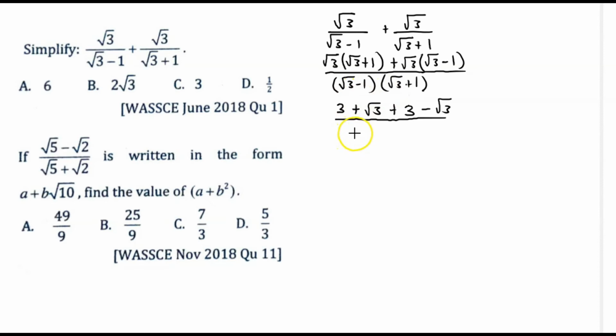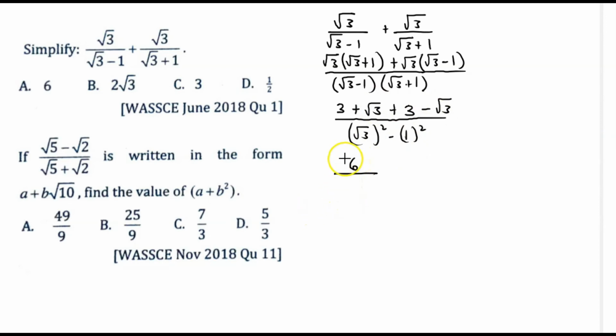So that is going to give us root 3 all squared minus 1 all squared. Simplifying the numerator, we are going to obtain 3 plus 3 because they are the like terms there. So 3 plus 3 gives us 6. Then root 3 minus root 3 will give us 0. So we are left with only 6 at the numerator.